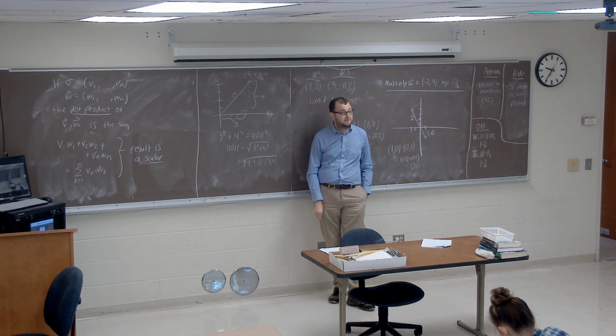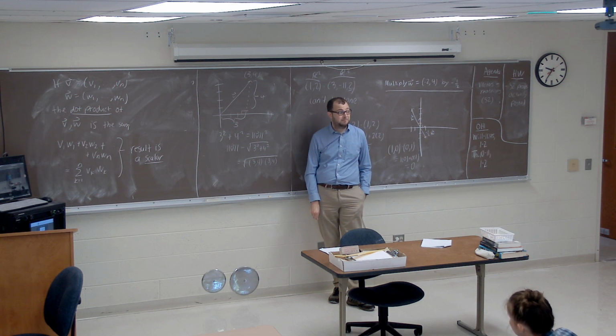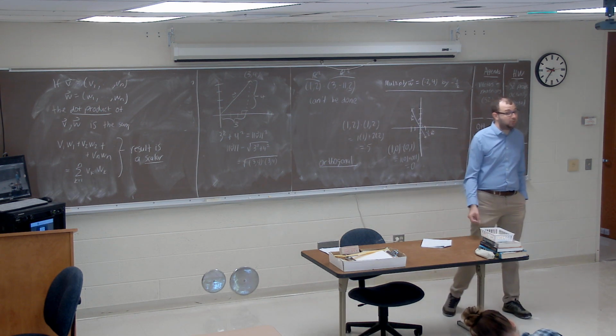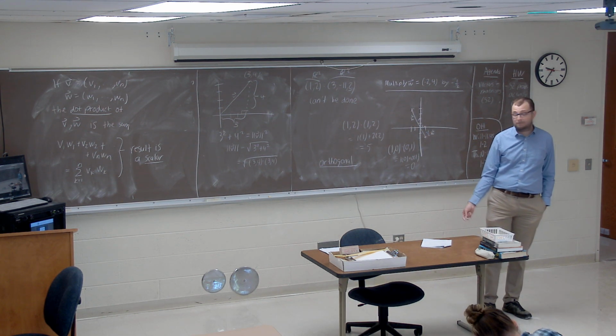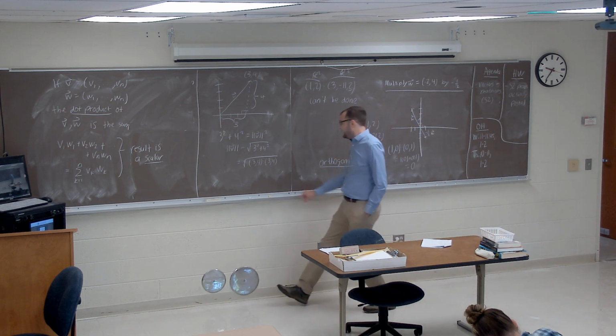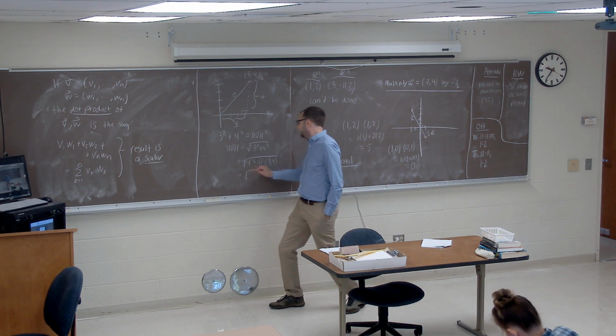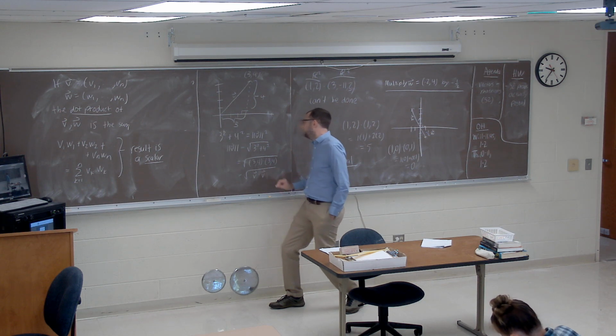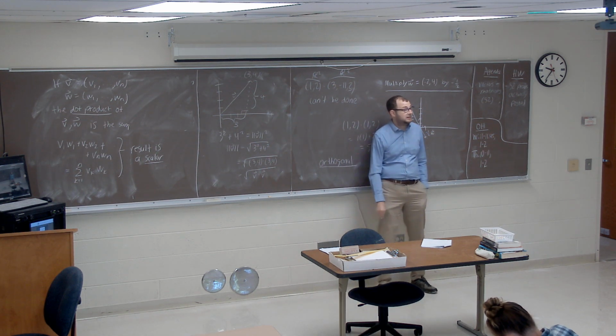Dare I say, (3, 4) dotted with (3, 4). Because in general, if you dot a vector with itself, you're just going to square each component and sum it together like that. Which is, dare I say, the square root of v dot v.